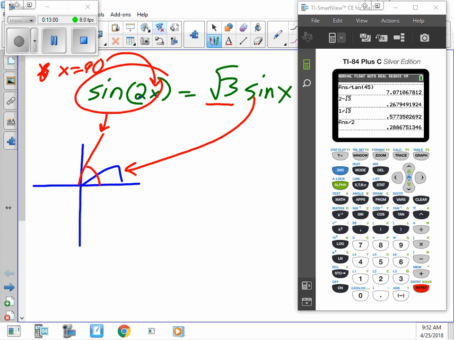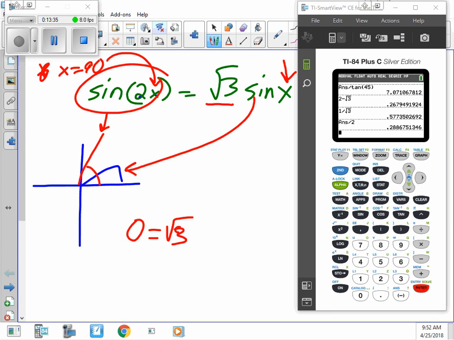The sine of 180 is 0. So the sine of 180 is 0. Is 0 equal, well, it's not going to work. And then what do I plug in there? 90. The sine of 90 is 1, and root 3 times 1 is root 3. So that doesn't work. 90 does not work.